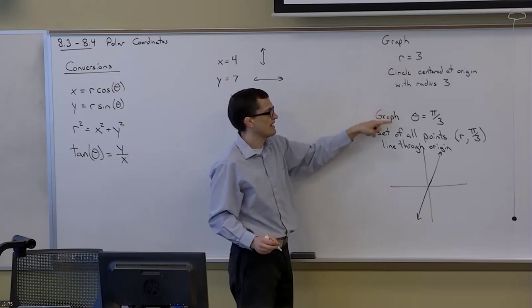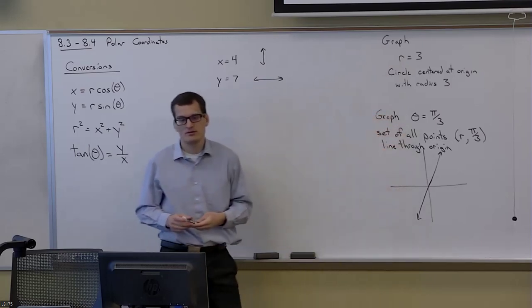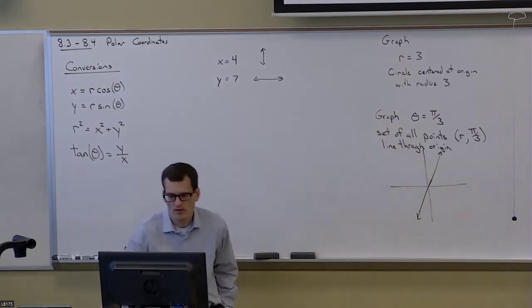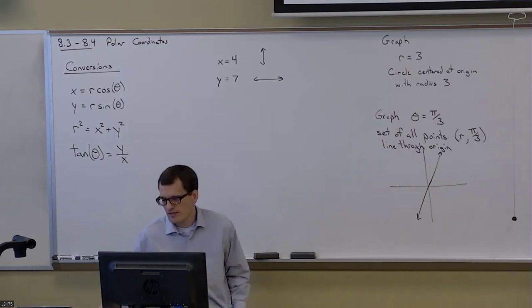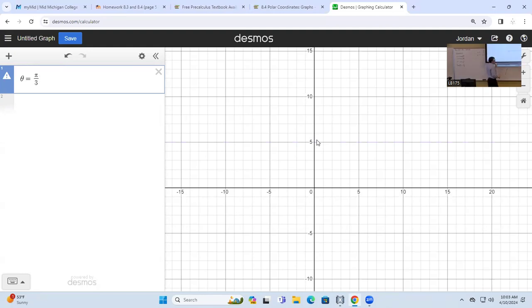If I'm graphing theta equals a number, I'm getting lines through the origin. Now, the reason I point that out is because my normal rectangular grid is broken up into vertical and horizontal lines, right?